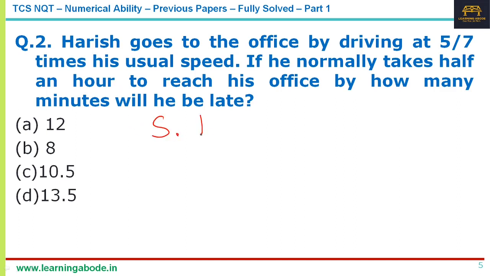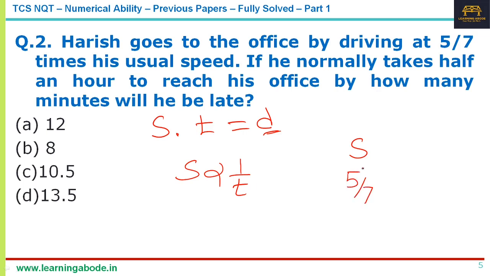Speed into time is equal to distance, and distance is constant, while speed and time are varying. When the product is constant, the speed and time are inversely proportional. So if the speed is 5 by 7th of the usual speed, the time would be 7 by 5th of the usual time.